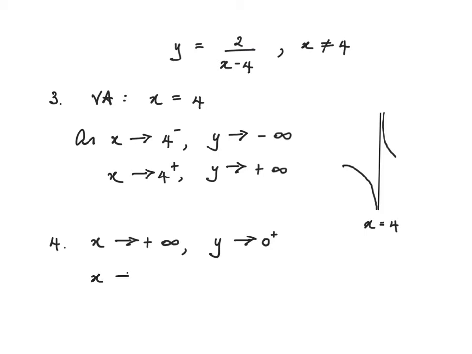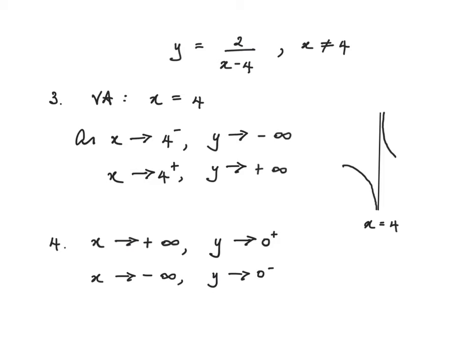As x tends to negative infinity, y tends to 0 from below. If x is very large and negative, again the negative 4 is irrelevant, so we've got 2 divided by a very large negative value, which is a very small negative value.